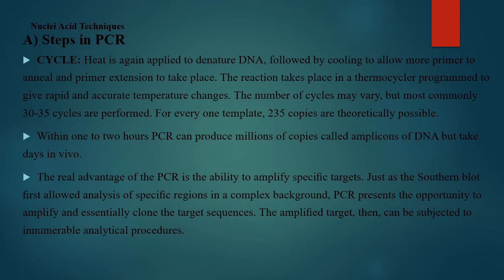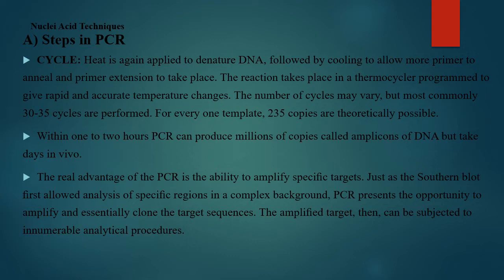So if you have 100 copies, and we are producing 2^35 from each, you can imagine that is a huge number of copies of each. Within 1 to 2 hours, PCR can produce millions of copies, which we call amplicons of the DNA.